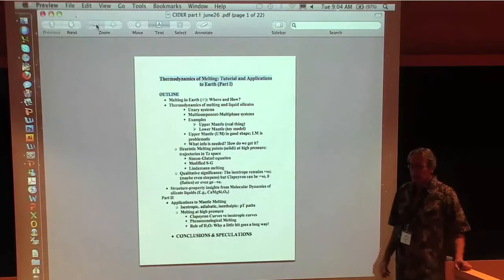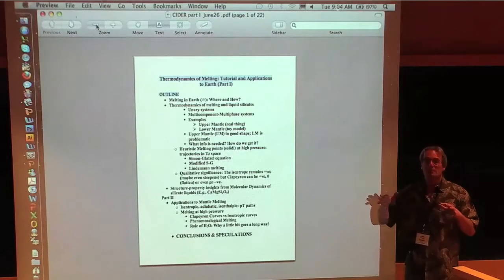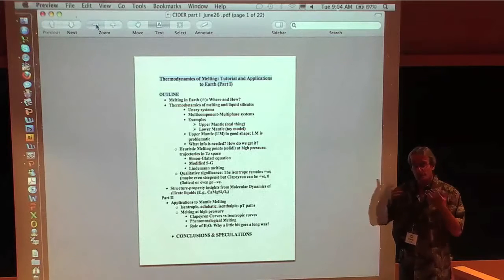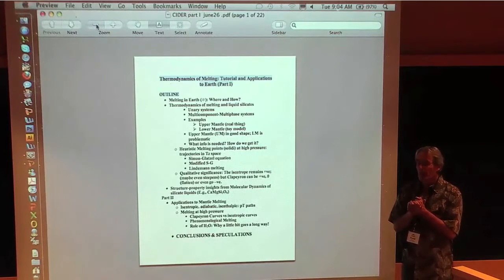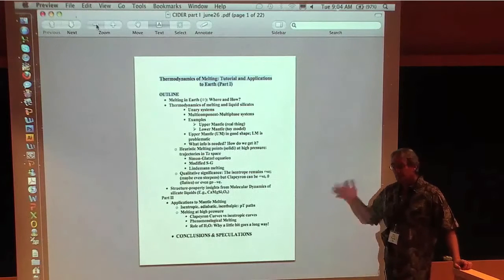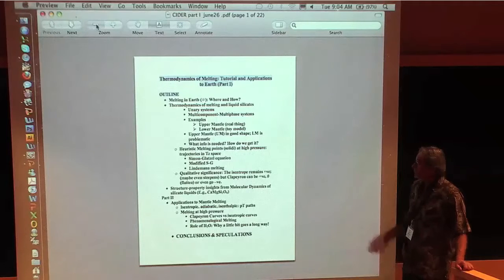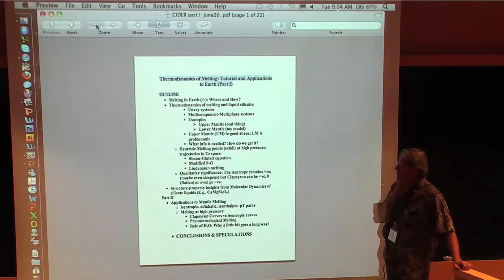We understand the thermodynamics of those liquids pretty well. And we could do a lot of things, and I'll give you an example. And then there's the question of melting in the lower mantle. And that's far more terra incognito. And so we'll mention some ideas there.